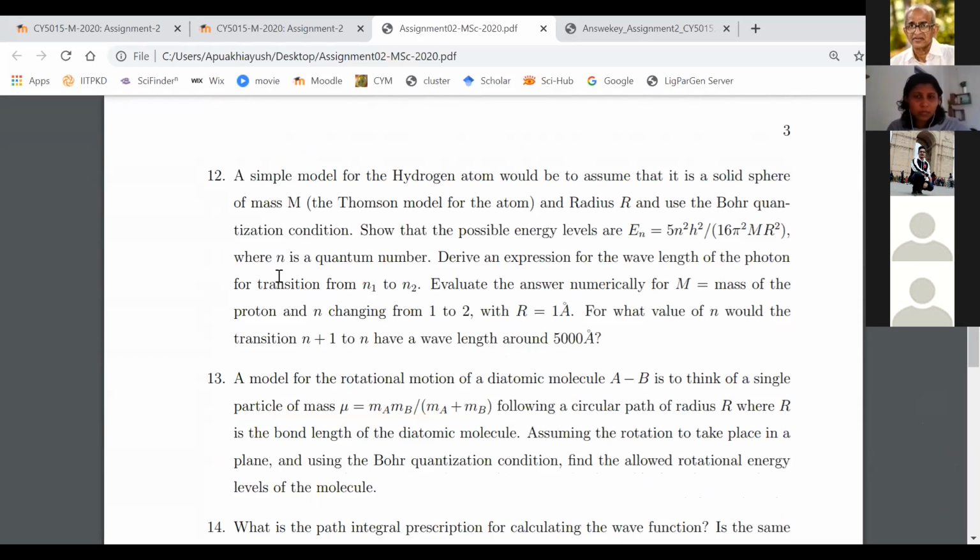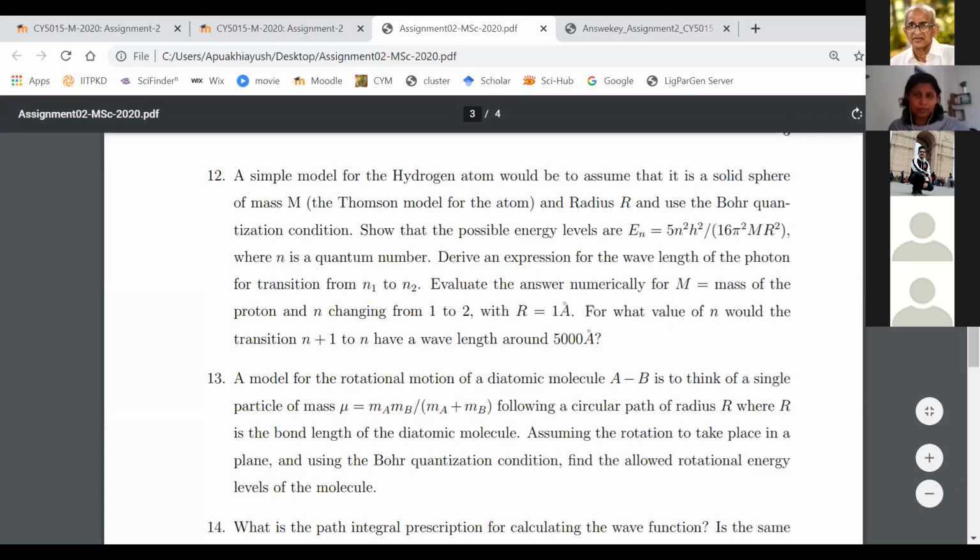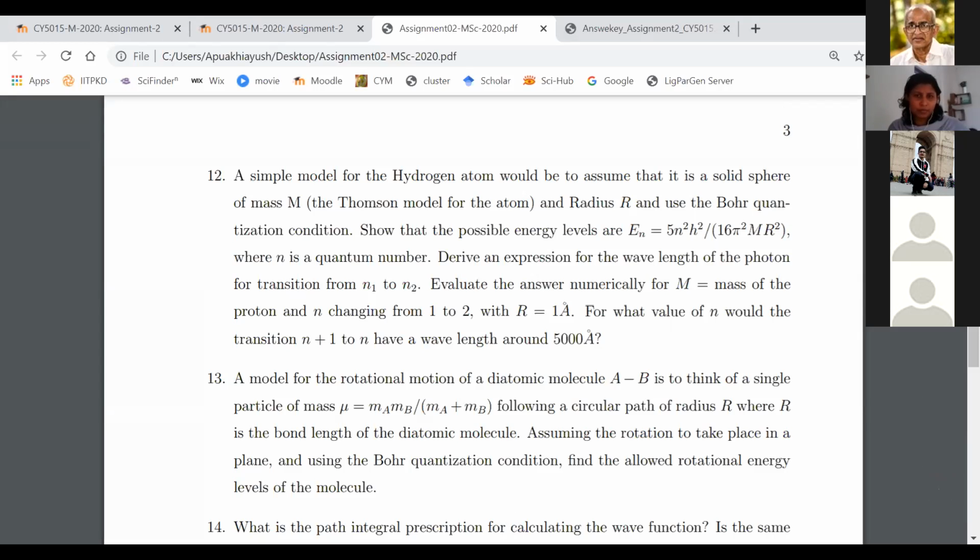The last part of 12. Okay, so what is the question? Just before that, it is asked to take m equal to the mass of the proton, and then it is asked for what value of n the transition would take place. So here we'll consider the transition of the electron.